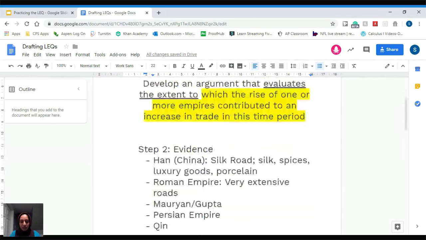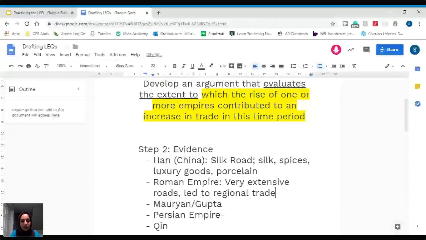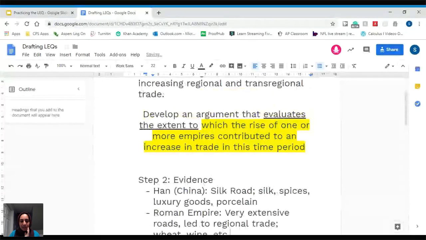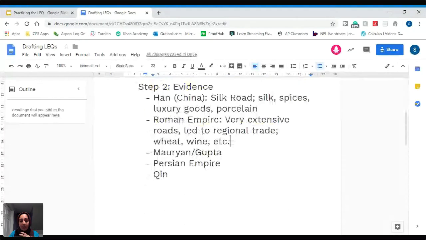They traded wheat, wine, etc. So the Roman Empire had these very extensive roads, and that led to trade within this region.